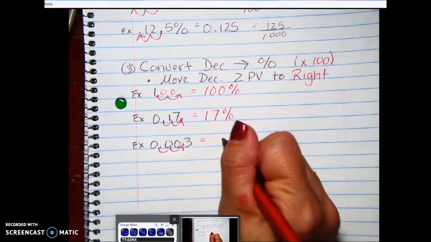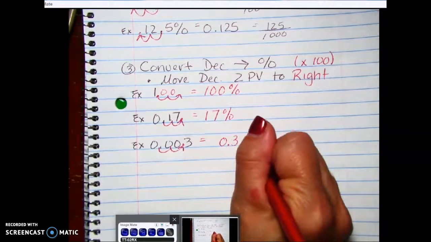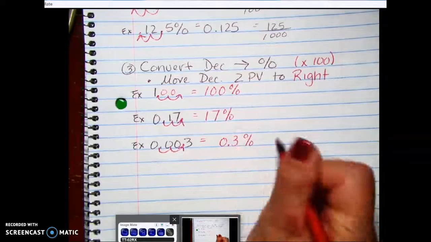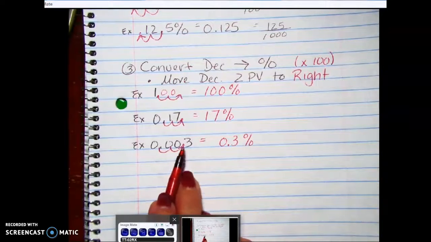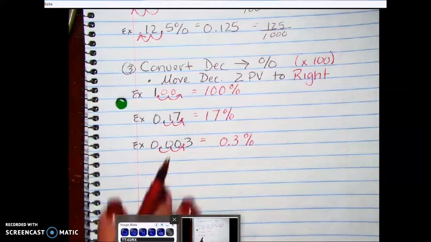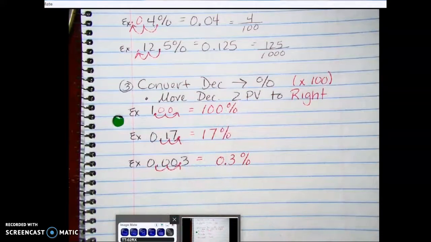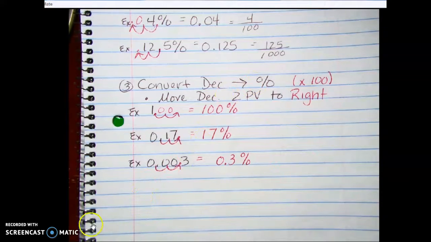Well, I write my 0 in the ones place, and then I write 3/10%. It actually means 3 thousandths. So this is pretty simple if you follow those directions. And that is how we convert to percents.